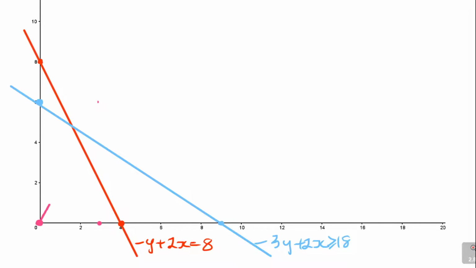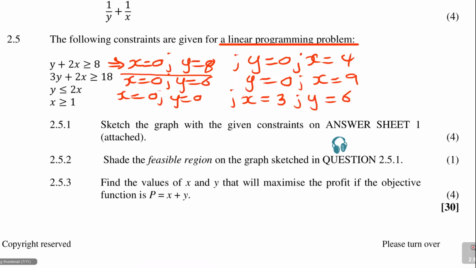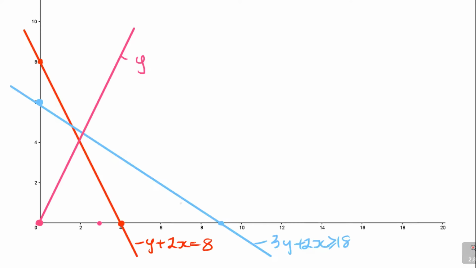It's a sketch, guys. It's a sketch. What is this one? Y is less than or equal to 2x.